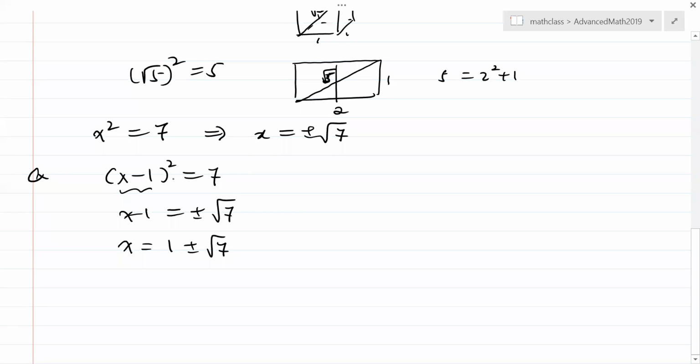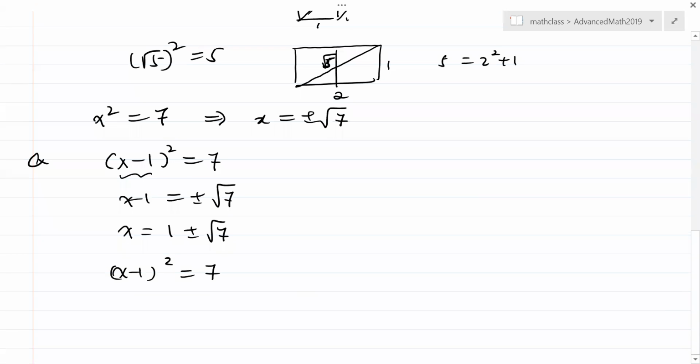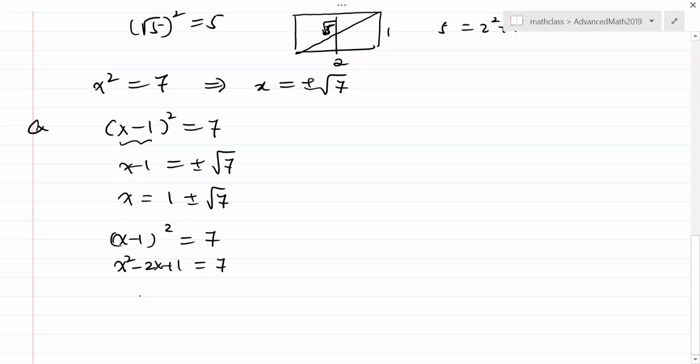This is difficult, right? If I rewrite this equation and expand (x − 1)², you cannot quickly solve the problem. You get x² − 2x + 1 = 7. Then you move 7 over to the left-hand side, and 1 − 7 is −6.